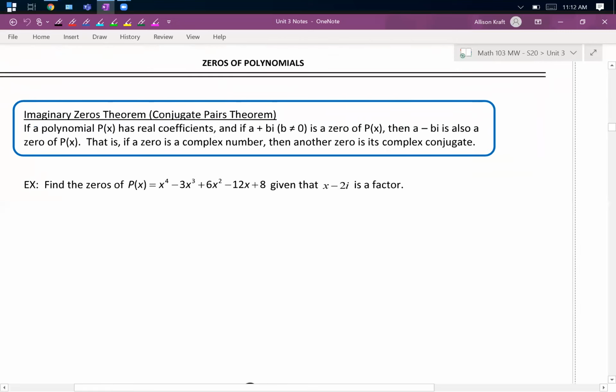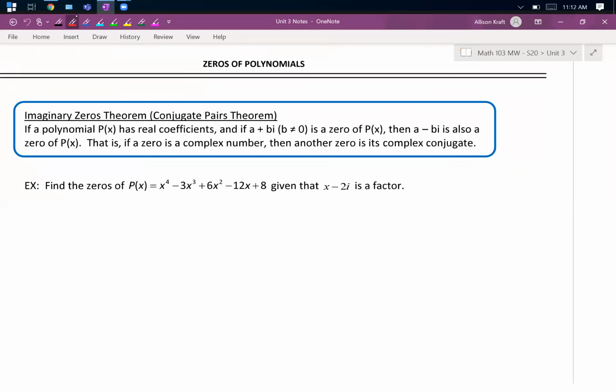Where this theorem comes from: think about the times where you've gotten an imaginary or complex solution. You're solving a quadratic equation and you end up with an imaginary number, which happens when we have a negative underneath a square root. The two techniques that we use to get that type of answer are the quadratic formula or the square root property.